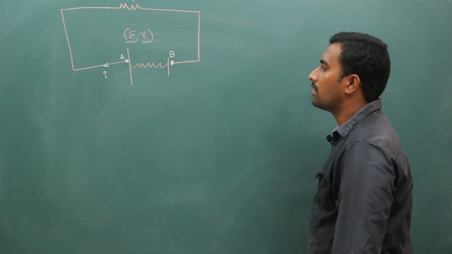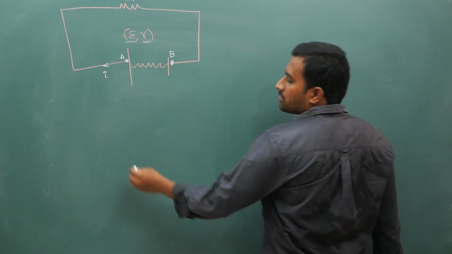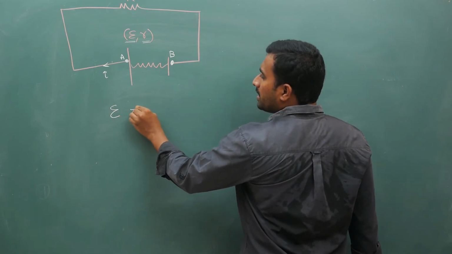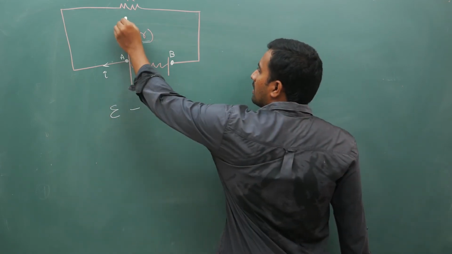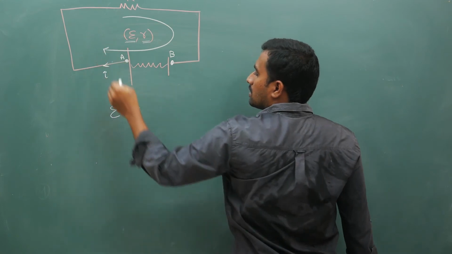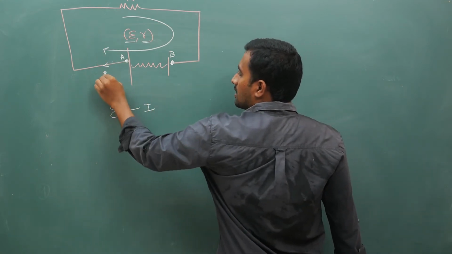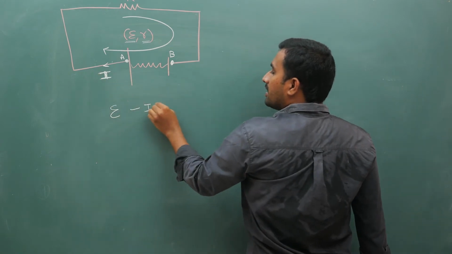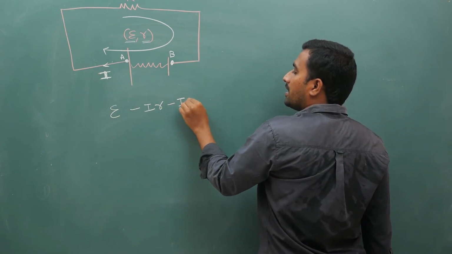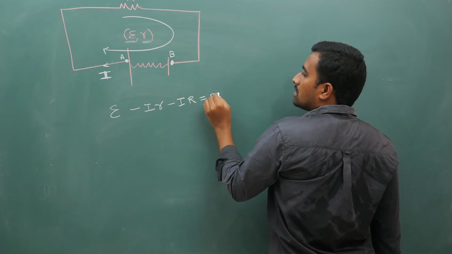Now apply Kirchhoff's law. Let us say you are going like this: plus E minus I times small r minus I times capital R equals 0.